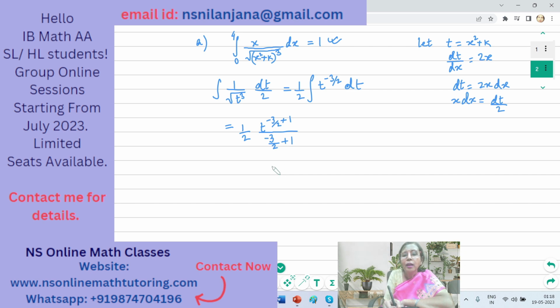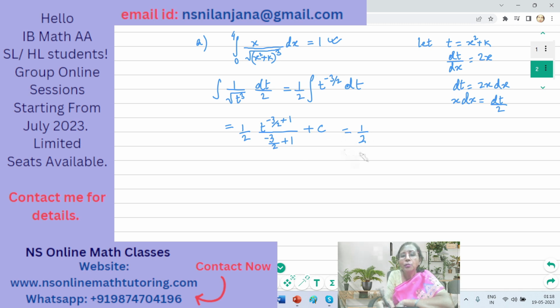Okay. And of course, there will be the plus c because I haven't taken the limits. So this is equal to half, and this negative 3 over 2 is negative 1.5. Negative 1.5 plus 1 is negative half.